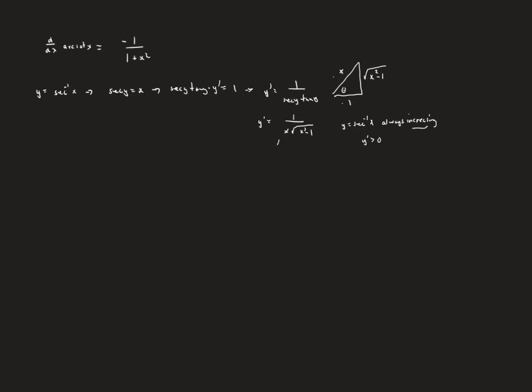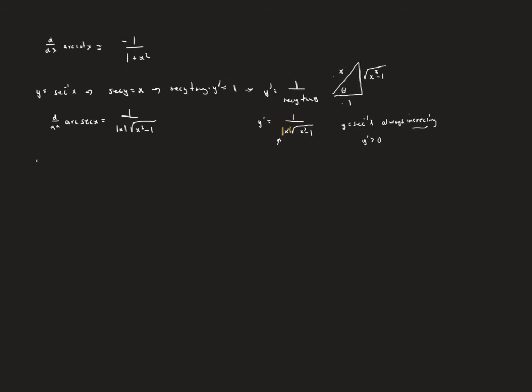So what we have here with that x is it will be positive when x is positive, but negative when x is negative. So we have to insert an absolute value there to guarantee that the derivative will always be positive. So the derivative of an arc secant, which is the same as an inverse secant, of x is going to be 1 over the absolute value of x times the square root of x squared minus 1.